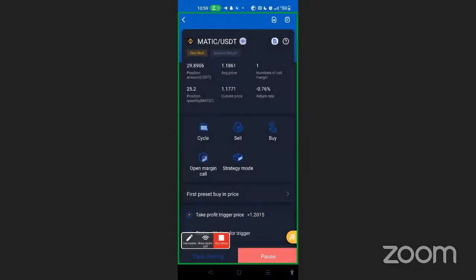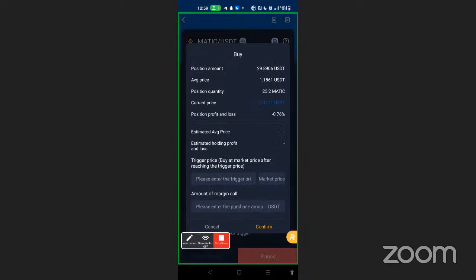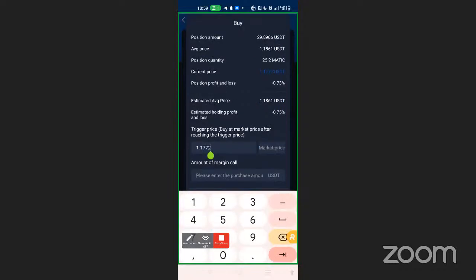When I tap on the buy button, I want to buy. Usually I want to buy at market price, and Royalq accepts market price. But also, you can put in a price at which you want your robot to buy.